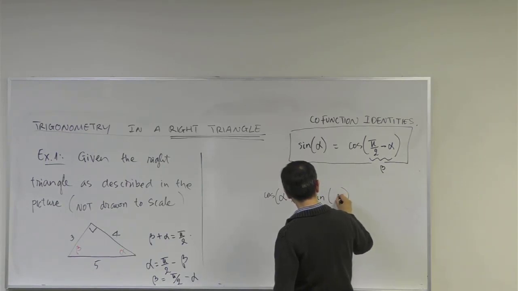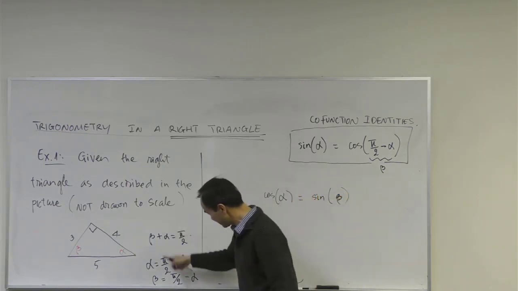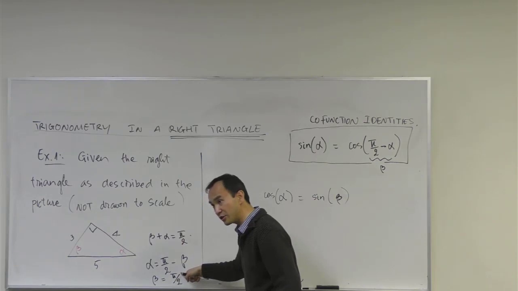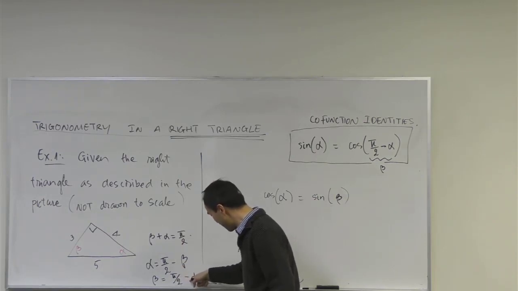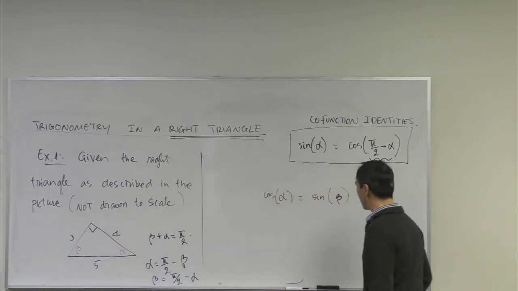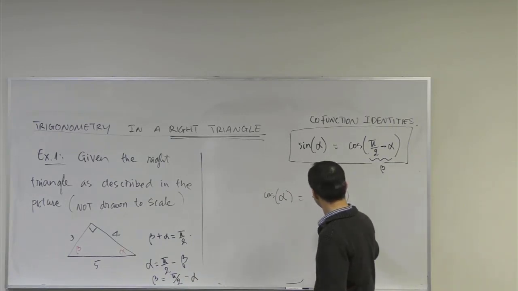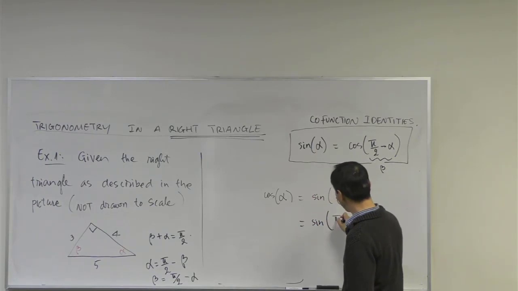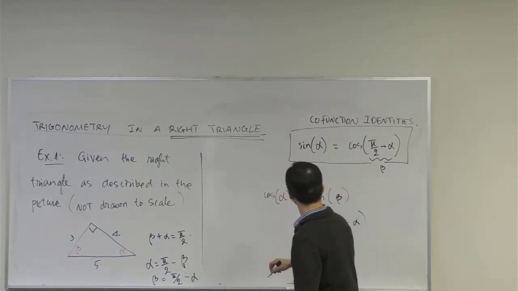But beta itself is famously understood as pi over 2 minus the angle alpha. So that gives me sine of beta, now substituted by pi over 2 minus alpha. So we come to another co-function identity.